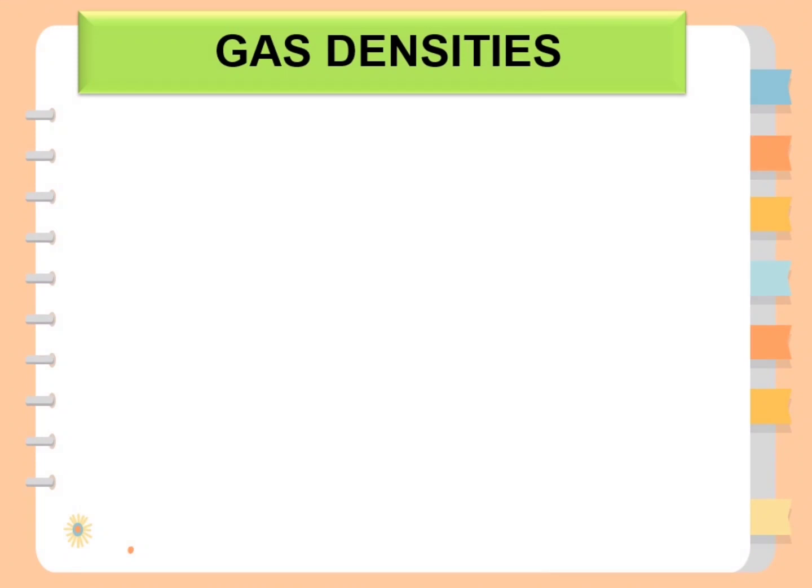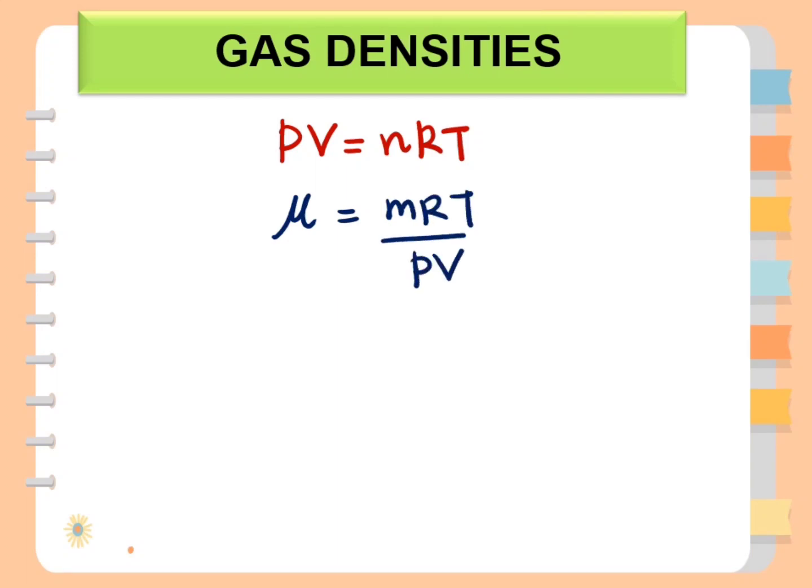Next, we look at the relationship of ideal gas law with gas density. So we know that this is the original formula of ideal gas, and just now kita dah dapat formula yang kedua that relate ideal gas with molar mass, which is molar mass equal to mRT over PV. Alright, and now if you still remember in school, we have the formula of density, which is the density equal to mass over volume. Still remember?